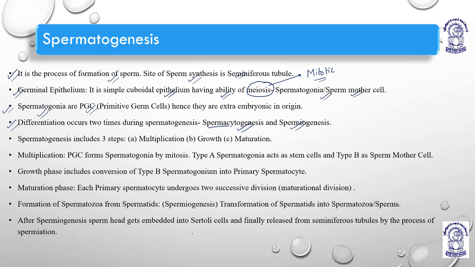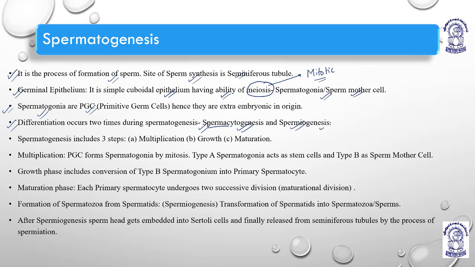From spermatogonium till the formation of the immature sperm, the spermatid: the journey starts from spermatogonium and concludes at the formation of spermatid. This whole process is known as spermiocytogenesis.